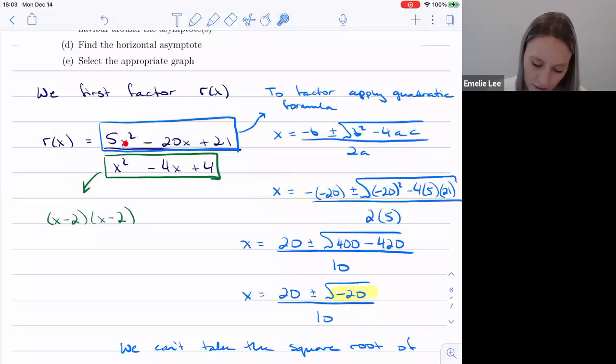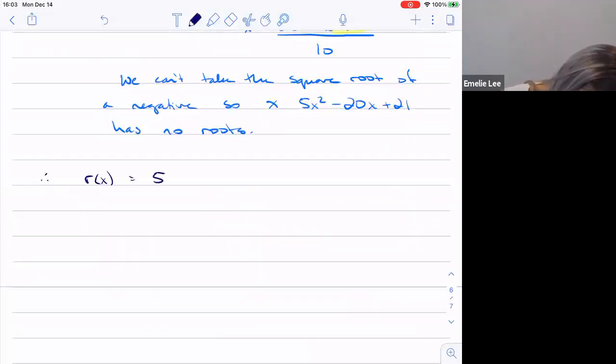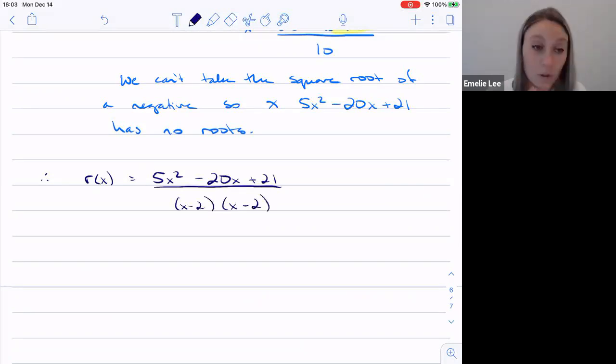So 5x squared minus 20x plus 21 over x minus 2 times x minus 2, or if you prefer x minus 2 squared, that's fine. That's step 1, factoring, and we only factor to make our lives easier later on.